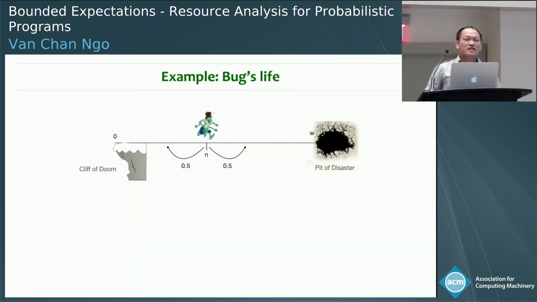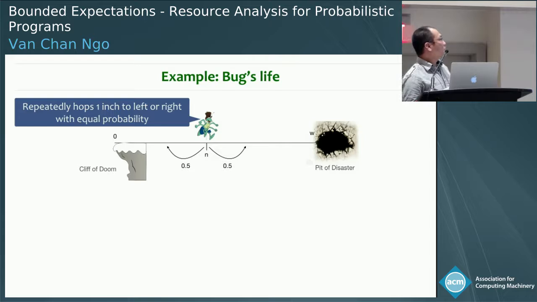Let me give you another example, the bug example here. Let's say that we have a cliff of doom and a pit of disaster, and we have a bug here. The cliff of doom is at position 0, the pit of disaster is at position W inches, and we have a bug at position N in between.